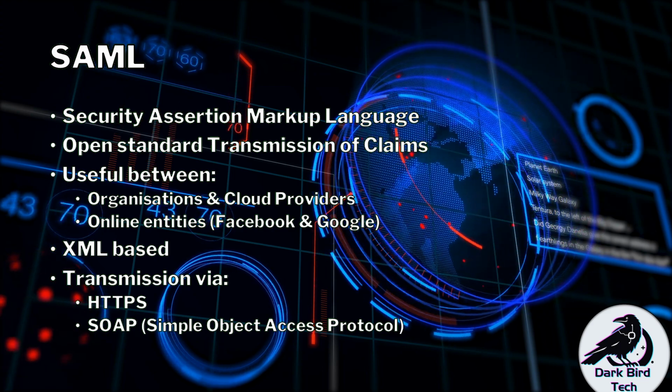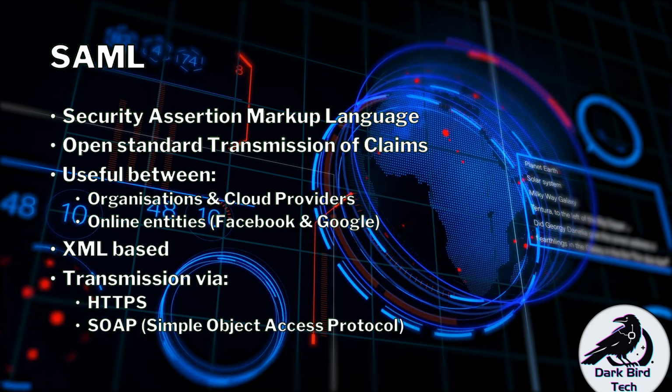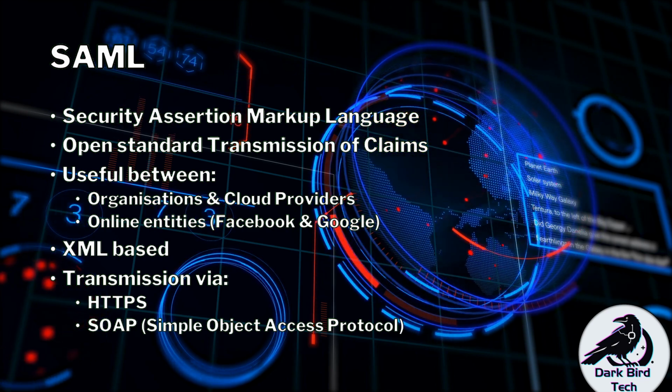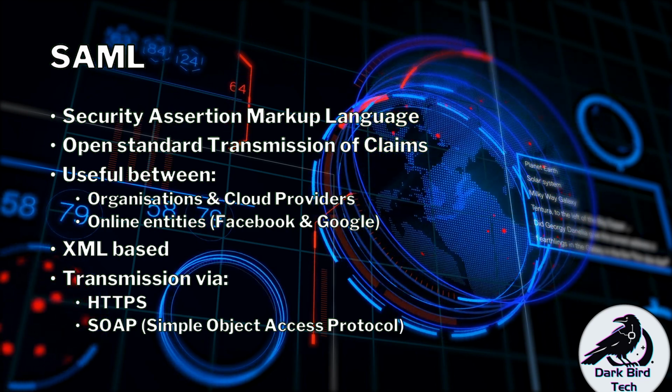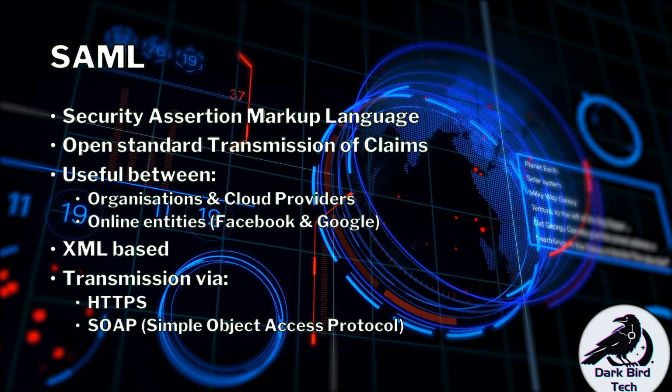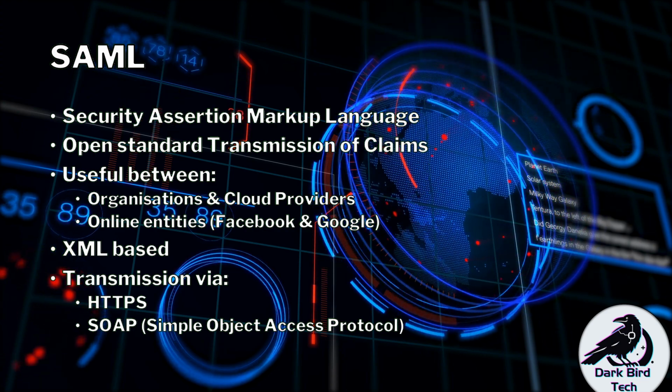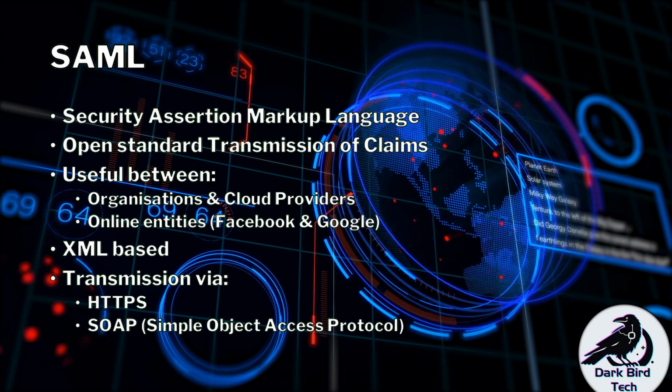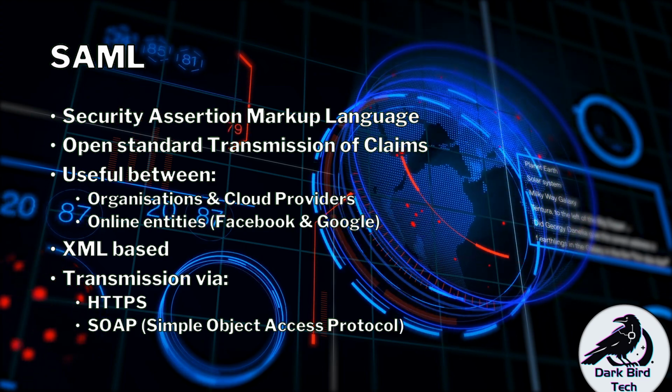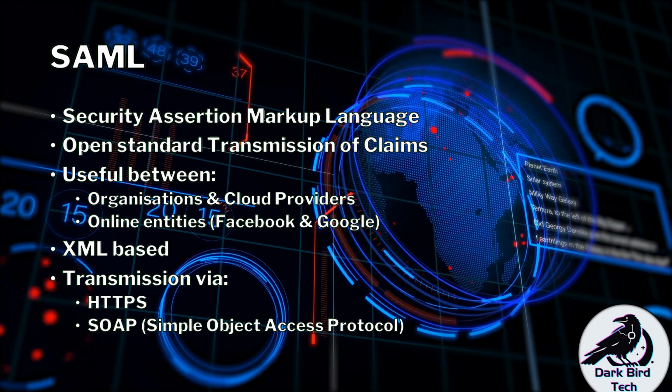Now, SOAP is a specialized protocol based off of HTTPS and the REST protocol, and is only able to transmit SAML, and is pretty good at confidentiality and integrity validation of transmissions. So that's pretty awesome.